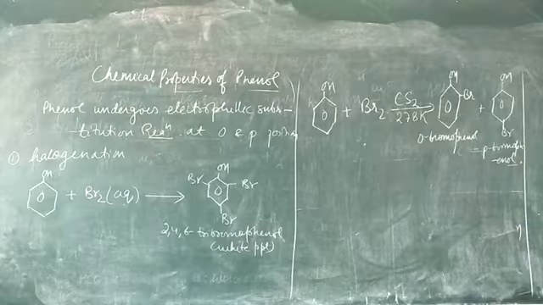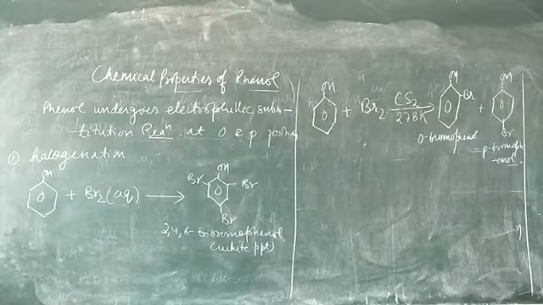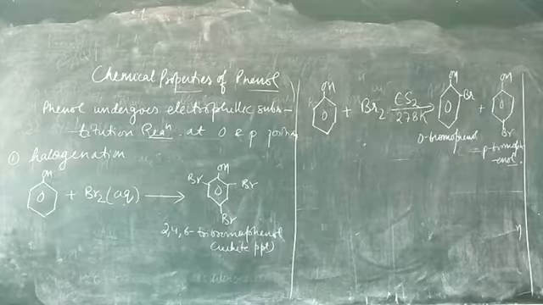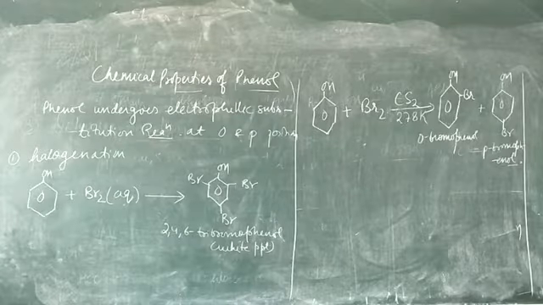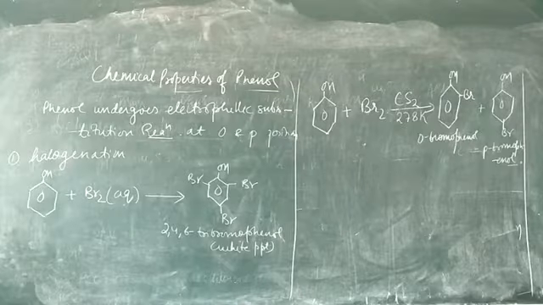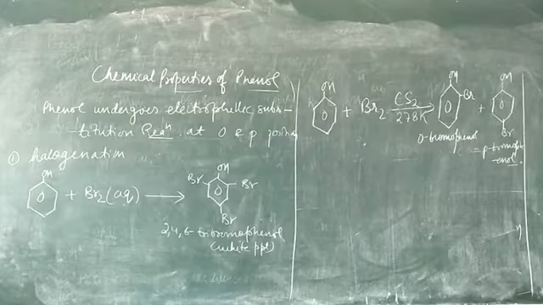Right? So here you can see that when the bromine is in the aqueous state, we are getting the tri-substitution, and when it is in the non-polar solvent, students, we are obtaining the mono-substituted product.